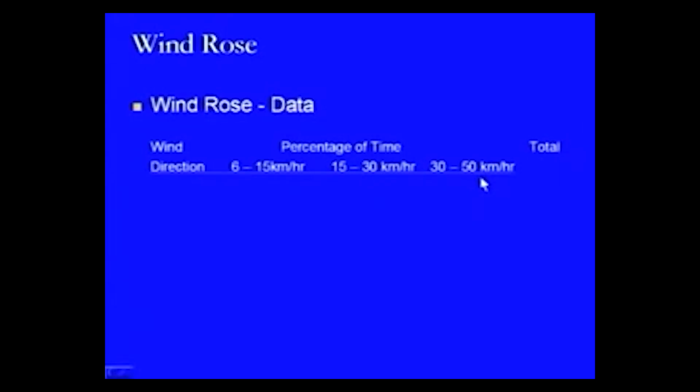And this we have done on the basis of the meteorological data which was available to us, and then we are making a total of that. So, this will be the total time duration for which the wind is blowing in a certain direction.